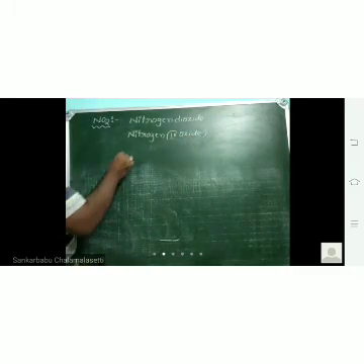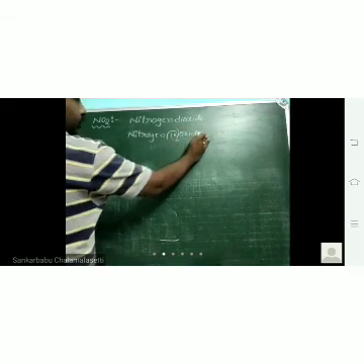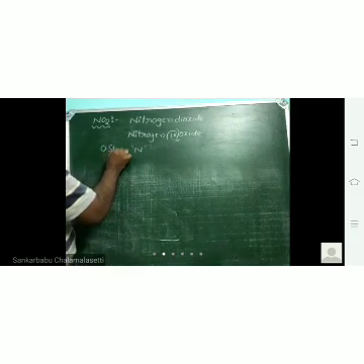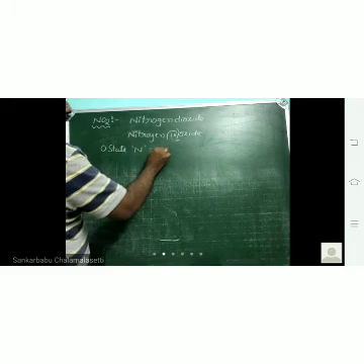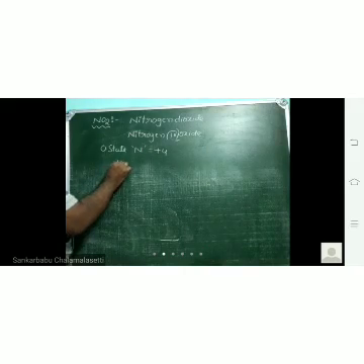Why is it called 4 oxide? That 4 indicates that the oxidation state of nitrogen is +4. Oxidation state of nitrogen is +4 and it is highly reactive.